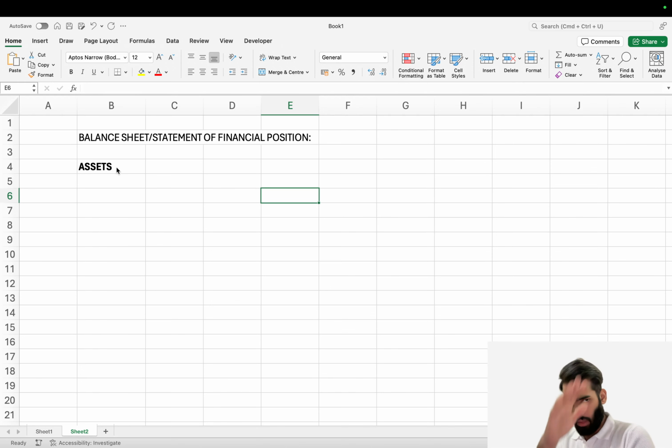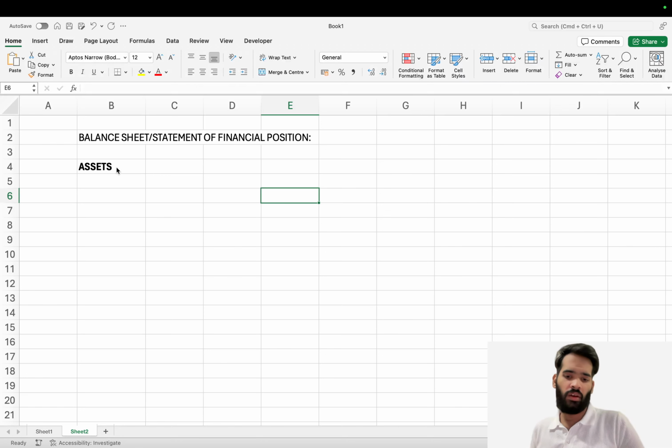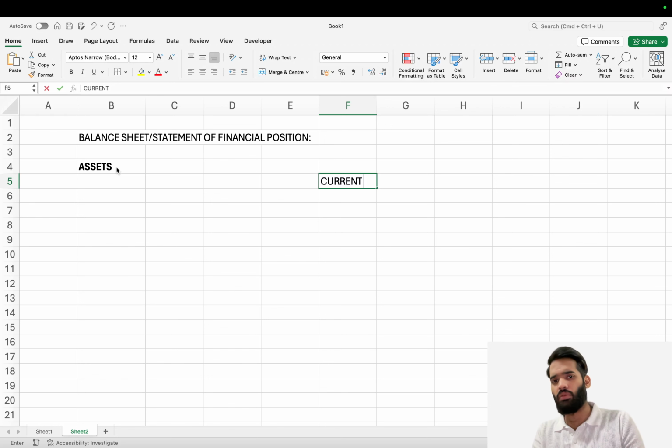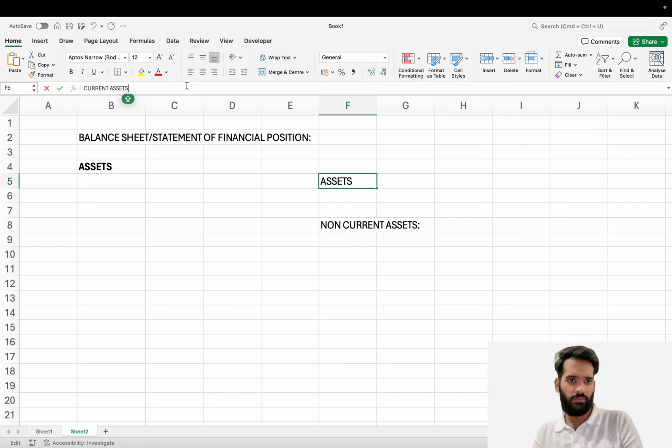So as I go along, I'll mention what the differences are, so you can memorize the format that is more in line with where you are learning. So let me define some types of assets. There are two categories we have to learn in assets: current assets and non-current assets. So let me define what these are.